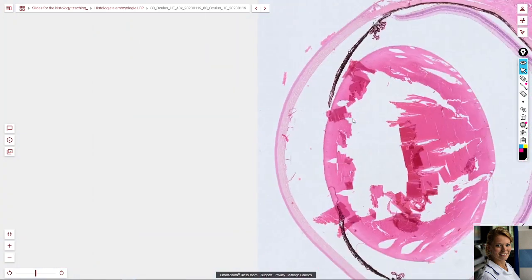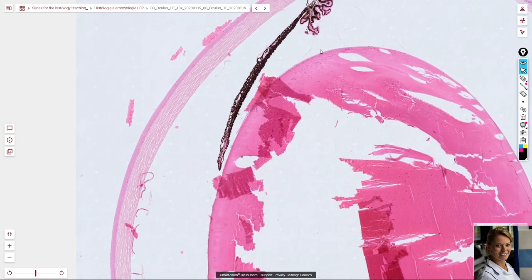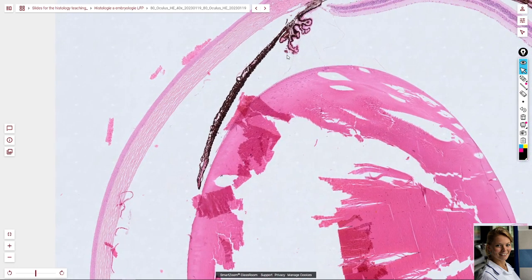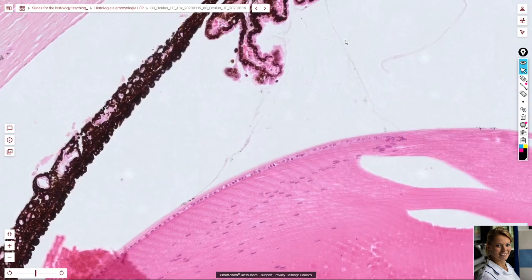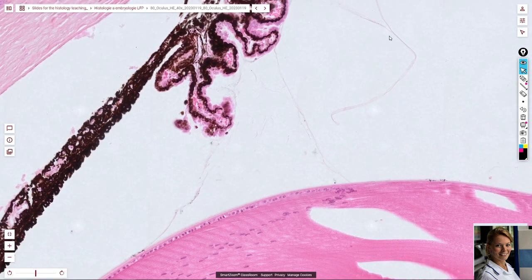Lens is also a transparent, biconvex, flexible and avascular structure. The suspension apparatus connects it to the ciliary body, but this apparatus is not visible. Here you can see very thin fibers of suspension apparatus also here.